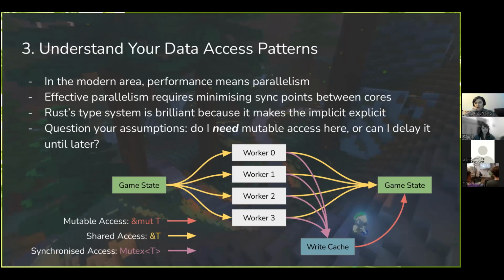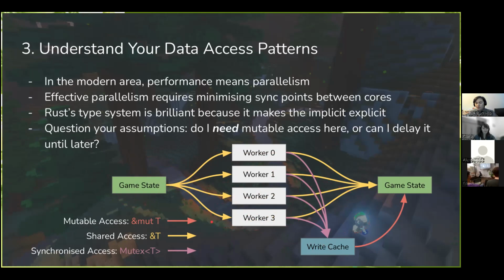It's really important to try to rethink the problem quite often. We found that this is an approach that works for quite a lot of the systems in our game, where you start off with the original game state, you split the work to be done by a system up so that it can be fed to multiple threads that are running as workers. Almost all of the time, there will be no changes in state that are required, but occasionally there will be a change in state that's required.